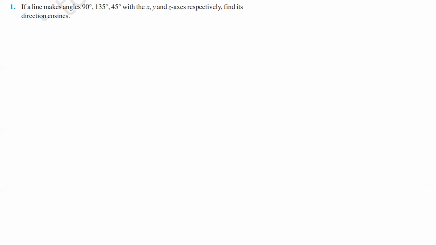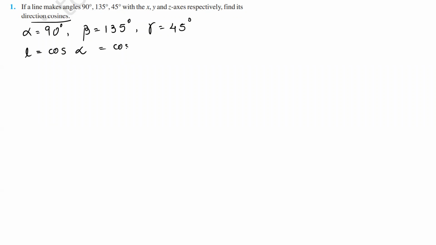If a line makes angles 90 degrees, 135 degrees, and 45 degrees with the x, y, and z axes respectively. Whenever angles are made by a line with the x, y, z axes, these are nothing but alpha, beta, and gamma, right? What do we have to find? Find its direction cosines. So l is equal to cos alpha.